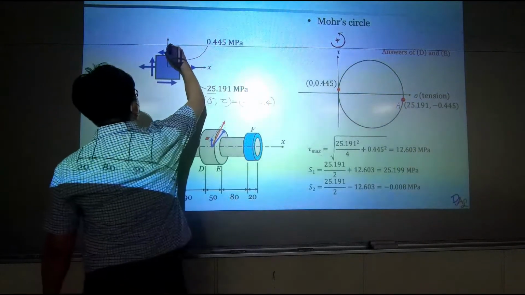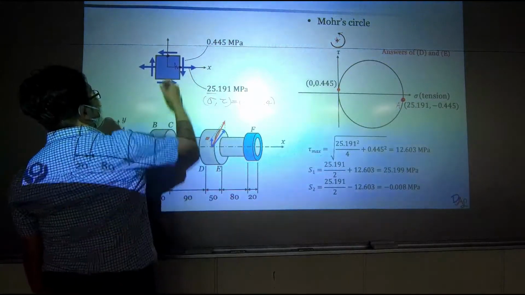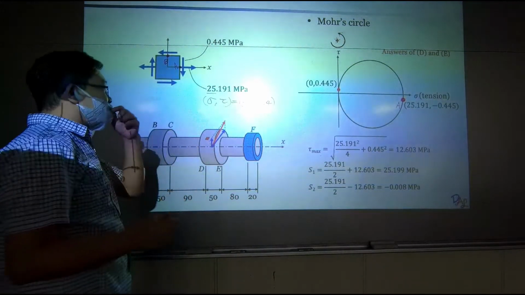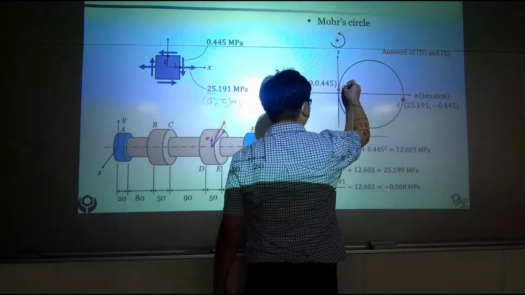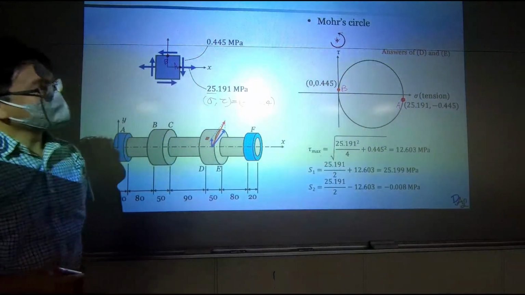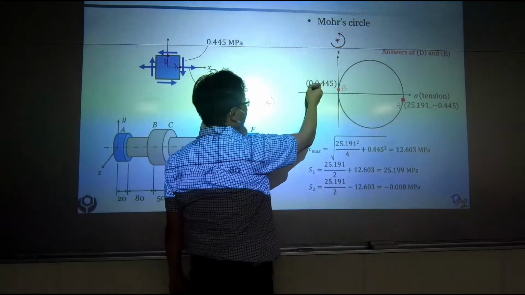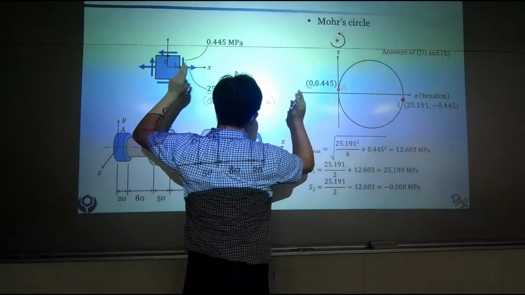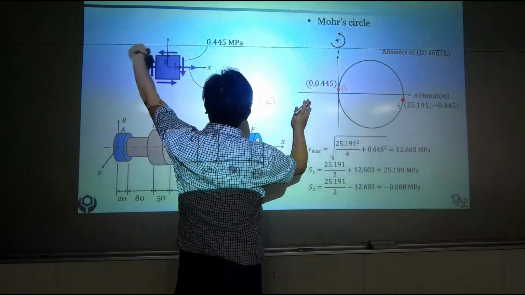Then I move on to this position. If I say this is the B point, this will be my B point, because at B we don't have normal stress, only shearing stress.